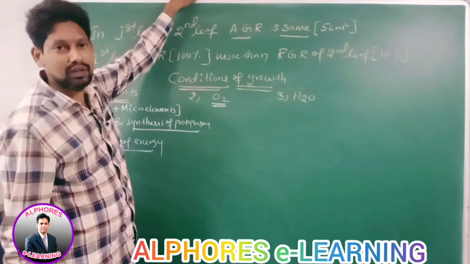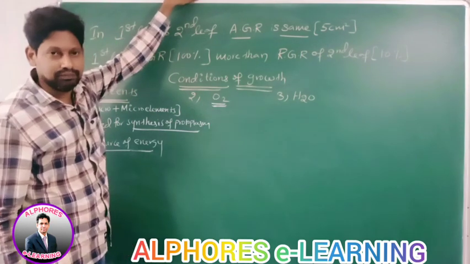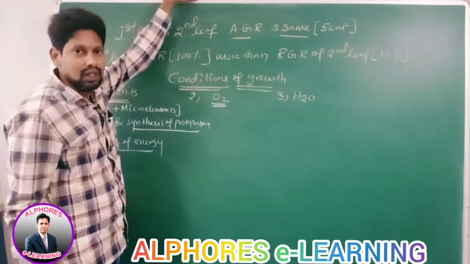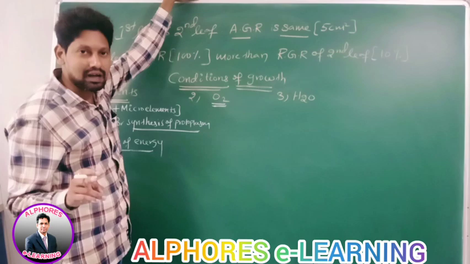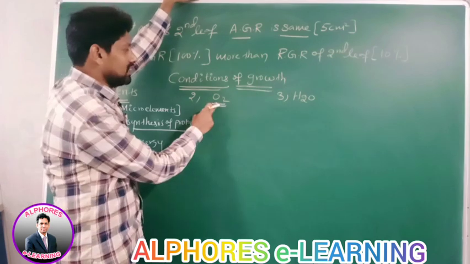Now listen here. How is oxygen used for growth? Growth requires energy. Yes or no? That energy is released by the oxidation of food materials. That oxidation of food materials requires what?